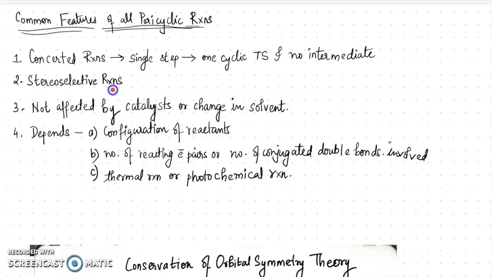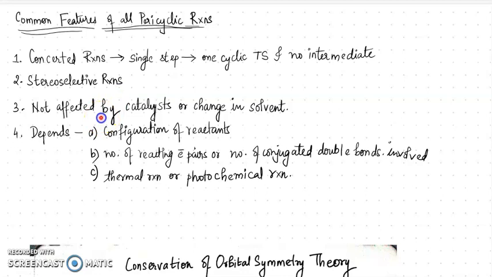That means no other byproducts are formed in the process, but only the required product is formed during these pericyclic reactions. That is the beauty of the pericyclic reaction. That is also one of the important reasons why it took a long time to theoretically and correctly predict or reason out why these are so stereoselective reactions.